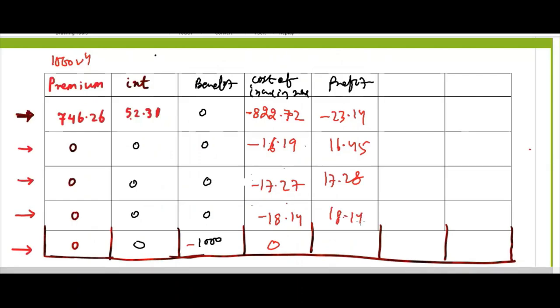You verify all this, whether they are correct or not. So they are correct.